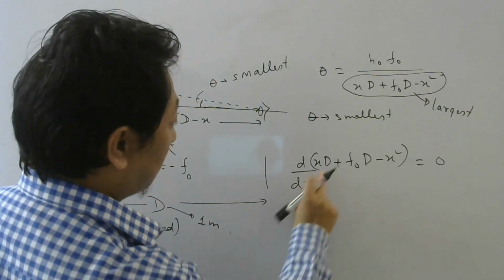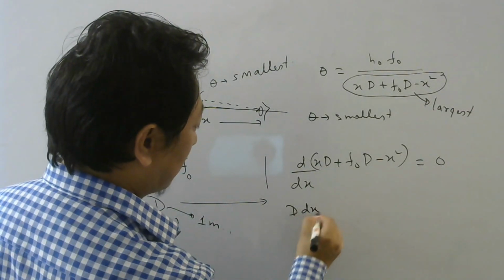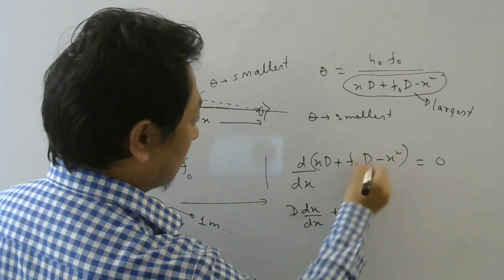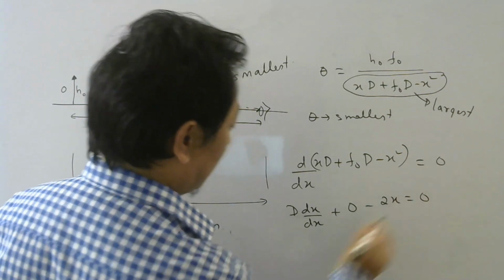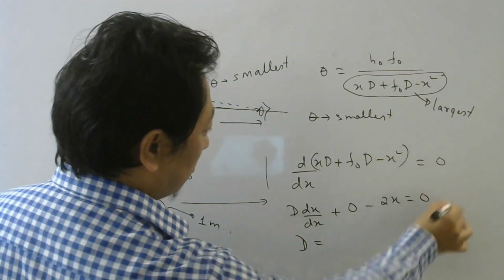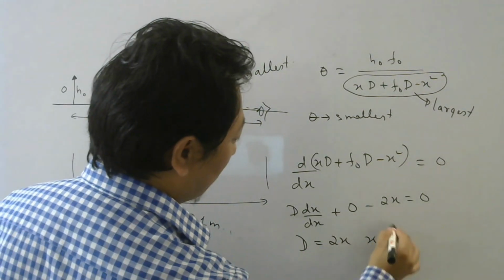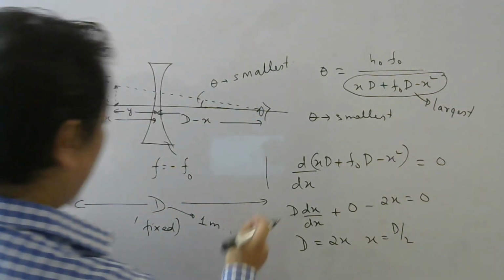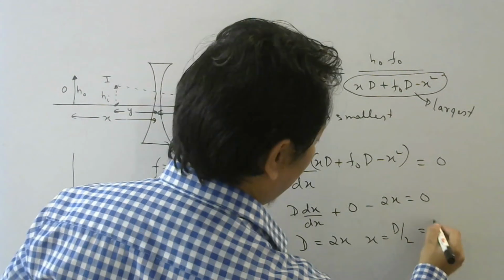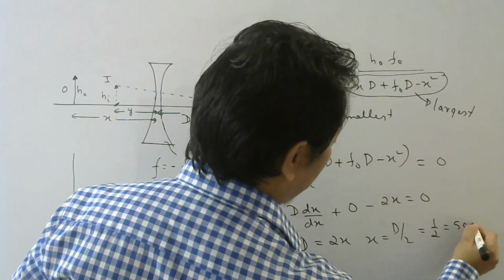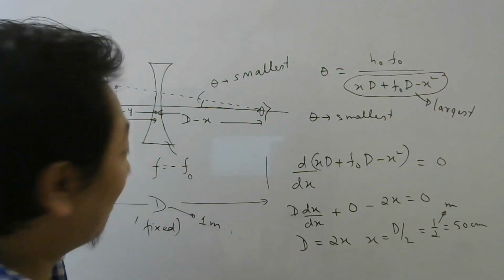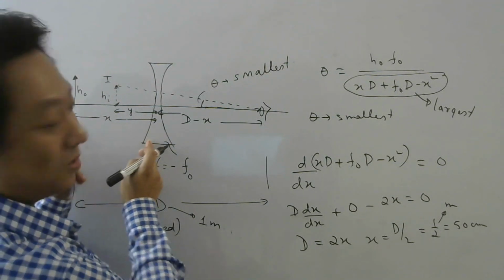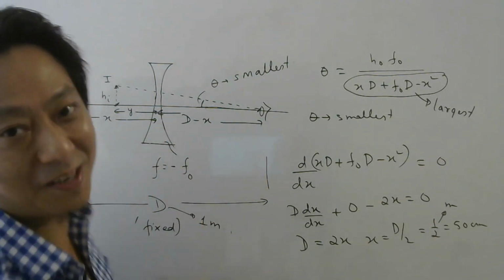Well, differentiation of first term will give you d, dx by dx. Second term is constant, 0, minus differentiation of x square is 2x. So d is equal to 2x, so x will be d by 2. Well, this d was given 1 meter, so this will be 1 by 2, 50 centimeter, because 1 by 2 meter is 50 centimeter, right? So this should be 50 centimeter, so therefore this is also 50 centimeter, right?